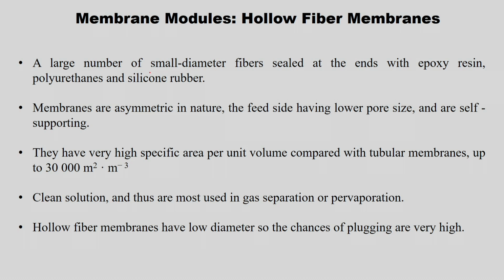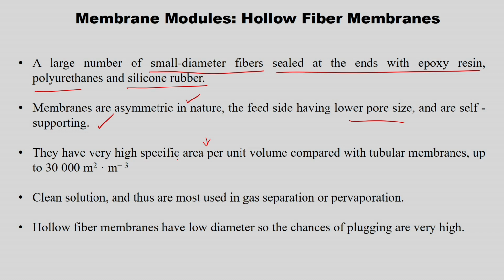A large number of small diameter fibers are sealed at the ends with epoxy resin, polyurethanes as well as silicone rubber. The membranes are asymmetric in nature with the feed side having lower pore size, and are self supporting. So, they have a very high specific area per unit volume. What are all the disadvantages of tubular membrane? Those are taken care of in the hollow fiber membrane.